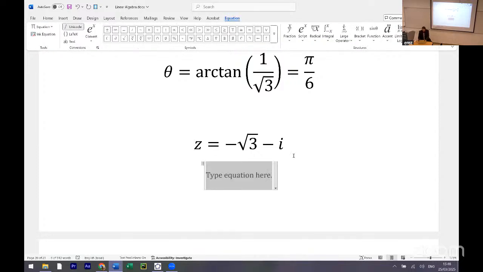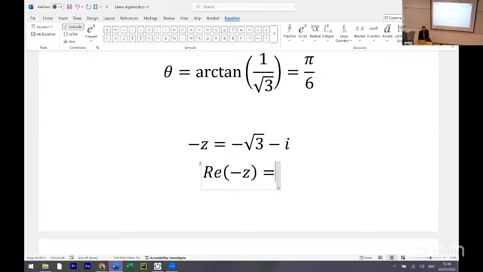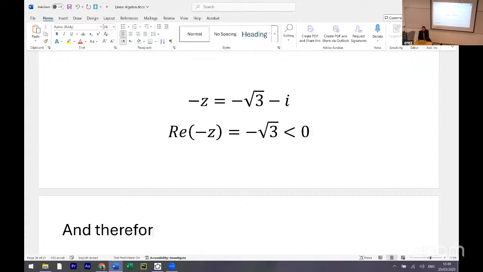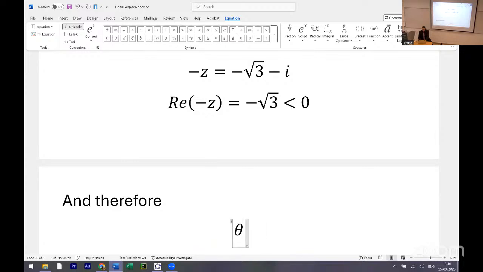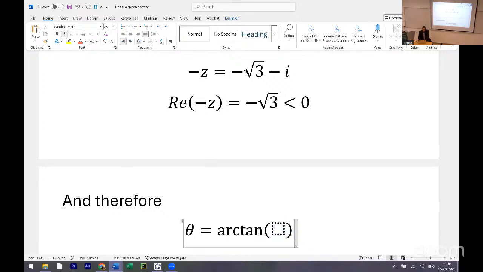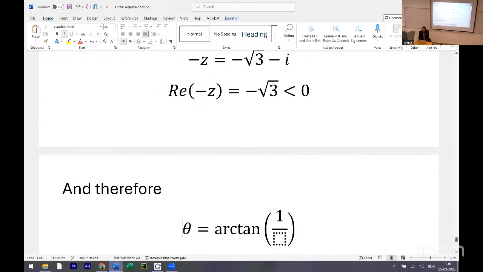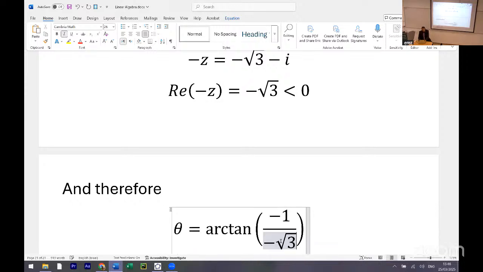We say the real part, first of all, of minus z, sorry, the real part of minus z is negative square root of 3, which is smaller than 0. And therefore, the angle of this number is the arctan of minus 1 over minus the square root of 3, plus pi.